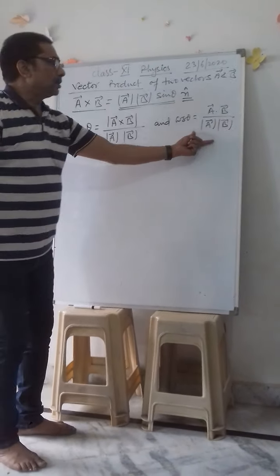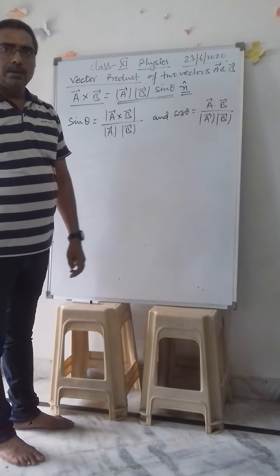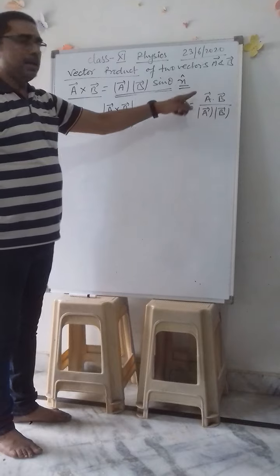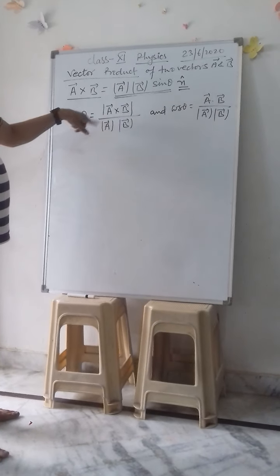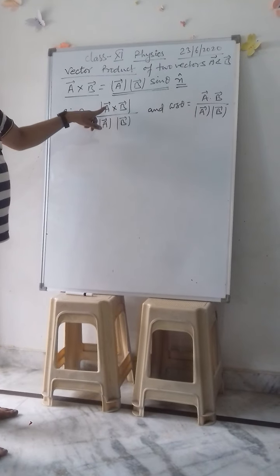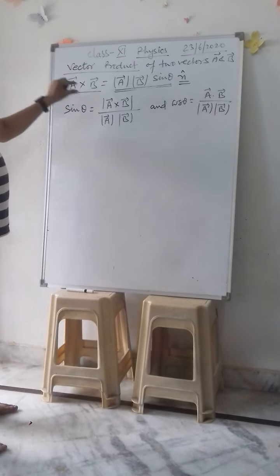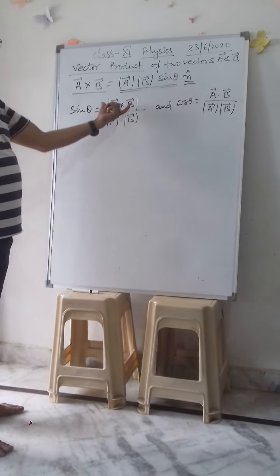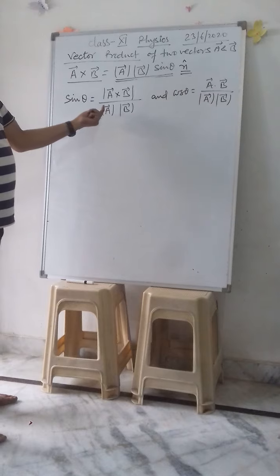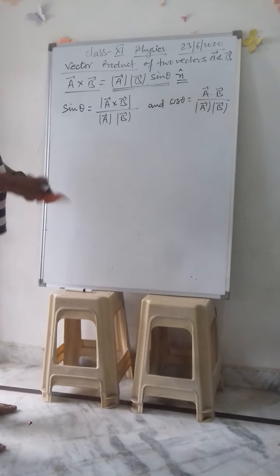In scalar product there is no need of mode of the vector A dot B. Why? Because it is scalar. And here there is a need of mode of vector product of A and B. Why? Because this cross product is the vector. So here we have to take the mode of the A cross B upon mode of vector A, mode of vector B.